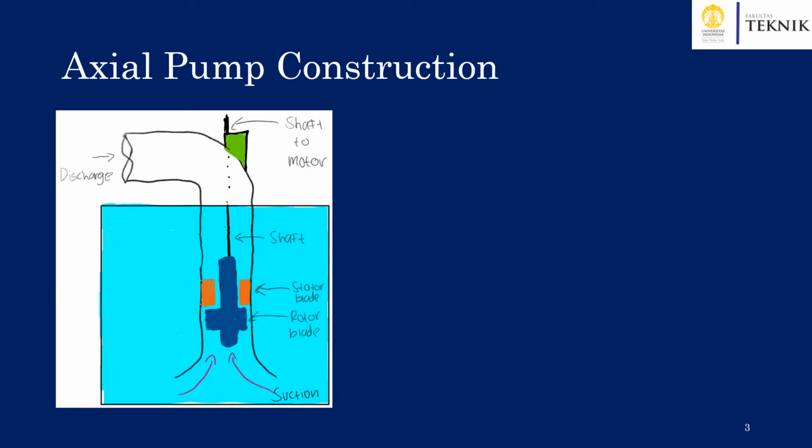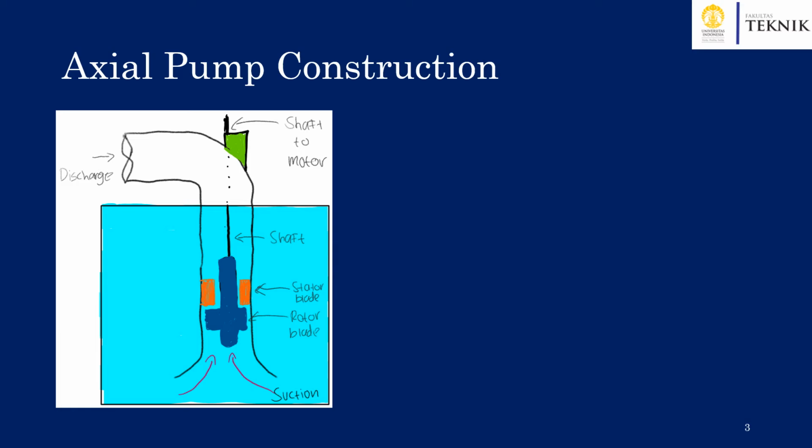Now let's talk about the construction of an axial pump system. System means that it's not only the impeller itself, but also what makes the pump rotate, and how the fluid is drawn from the source.